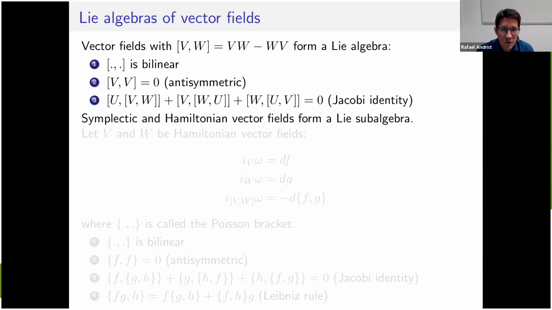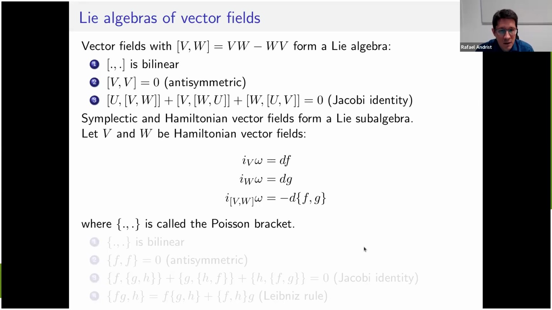Okay, now, very briefly, vector fields form a Lie algebra. We have the commutator that gives us the Lie bracket. And it's easy to check that the symplectic vector fields form a Lie subalgebra, and also the Hamiltonian vector fields form a Lie subalgebra. And in fact, for Hamiltonian vector fields, we can say more. So if V is the Hamiltonian vector field of the function f, and W is the Hamiltonian vector field of the function g, and then we ask what is the Hamiltonian function of the commutator between V and W, then there is a way to express this, and this is called the Poisson bracket.